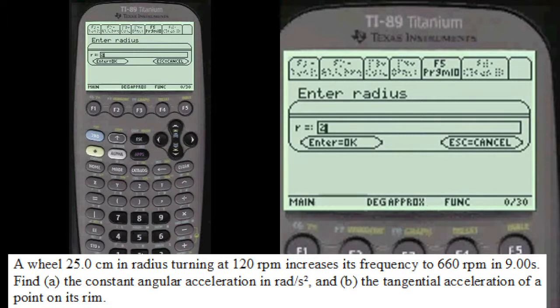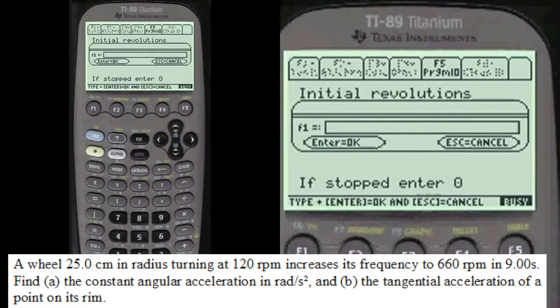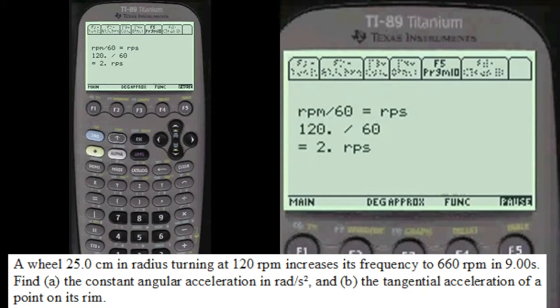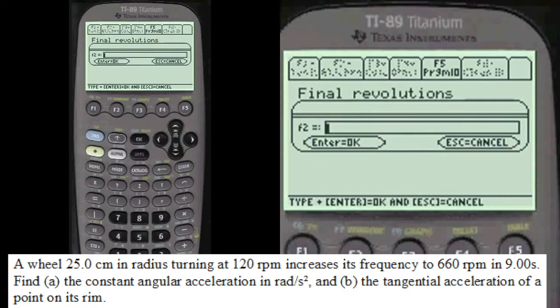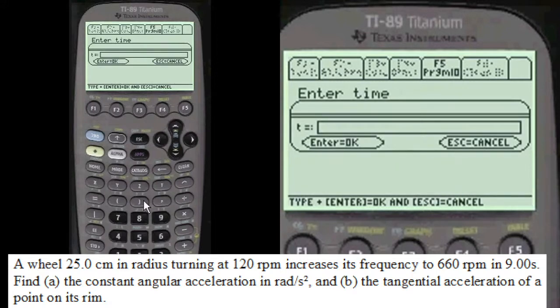Alpha, radius is 25 centimeters. Alpha 120 RPMs, alpha 660 RPMs, time is alpha 9 seconds again.